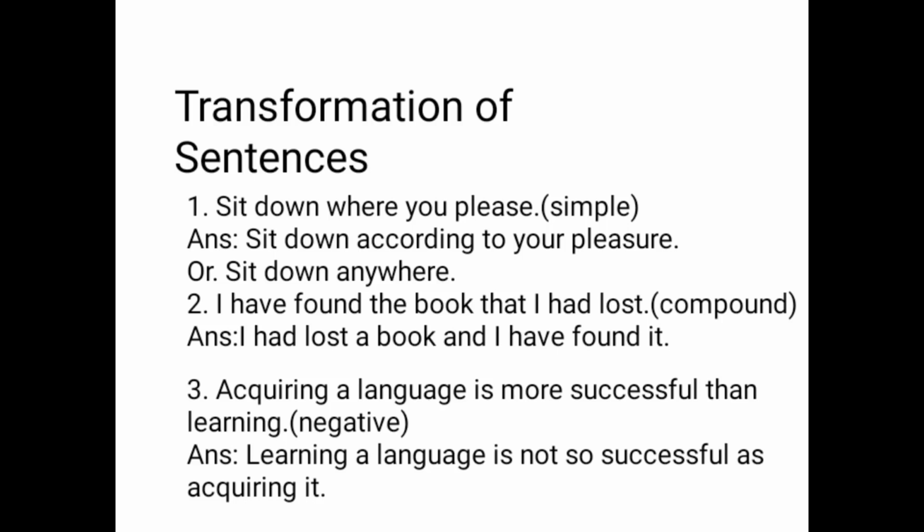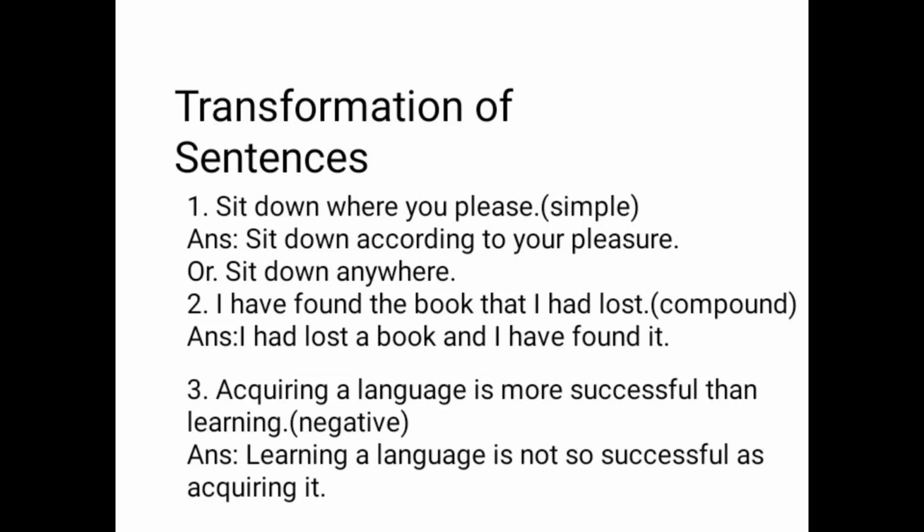In a simple sentence, you use only one finite verb. So, here you find 2 sentences and 2 verbs, and 1 verb will be eliminated and will take another form or another part of speech.